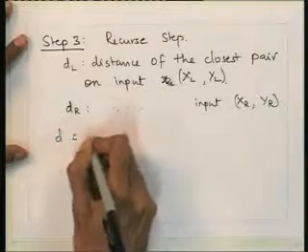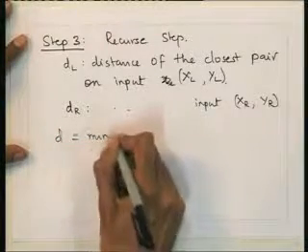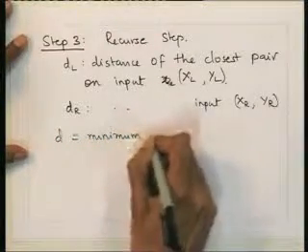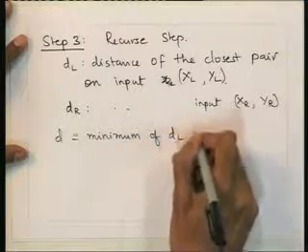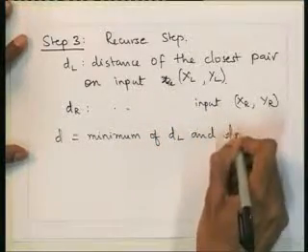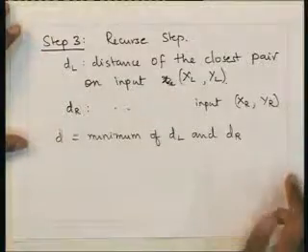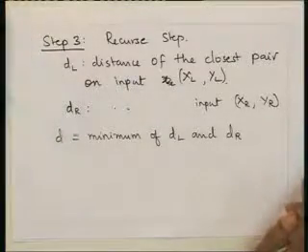Now compute d as the minimum of dl and dr. So that's the next step, where you compute the minimum of dl and dr.